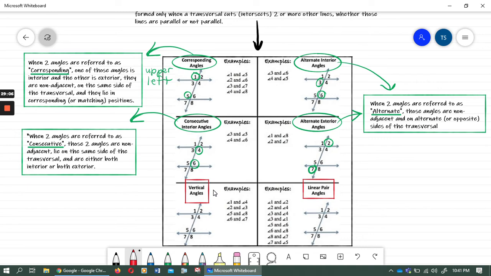We still have vertical angles in these, and we still have linear pairs. We talked about them in previous lessons. Remember that a linear pair is always going to add to 180 degrees because they're supplementary.